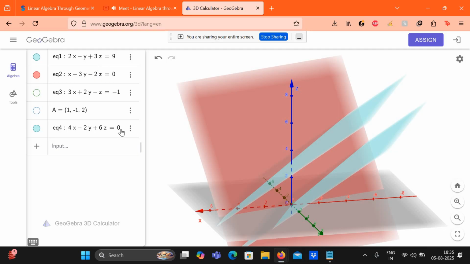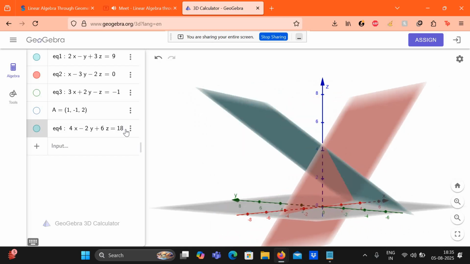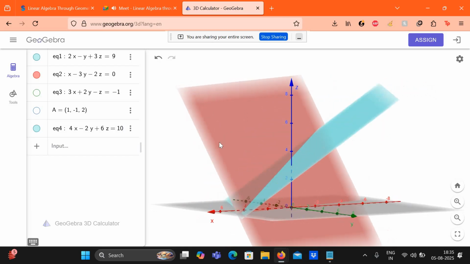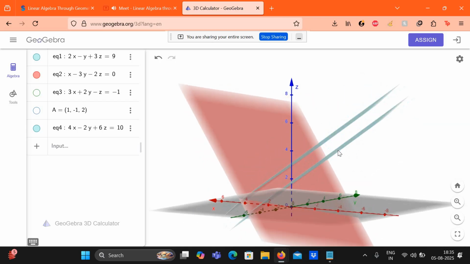And this 6z is not necessary. You can make it 16z instead. Say I increase it by 10. So you can see that these two lines are parallel.